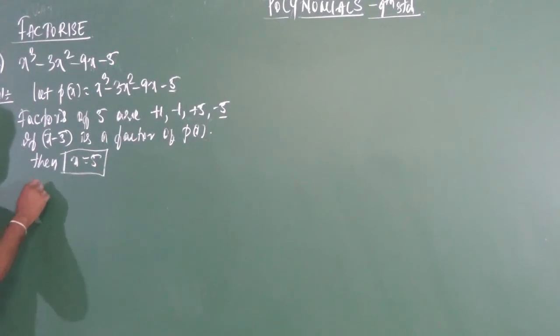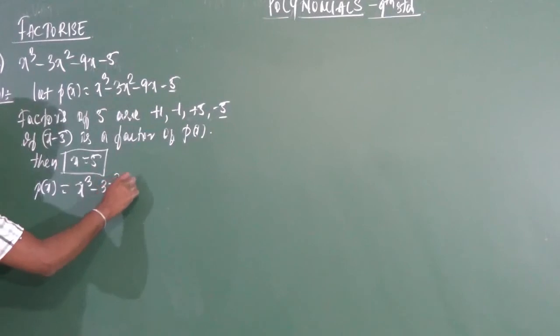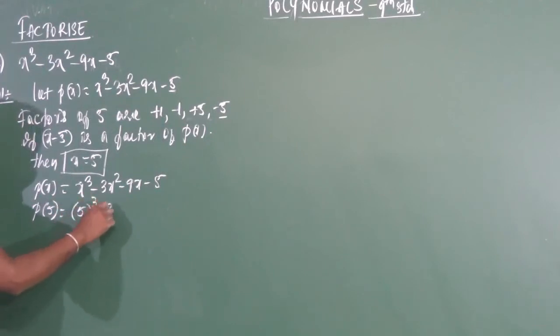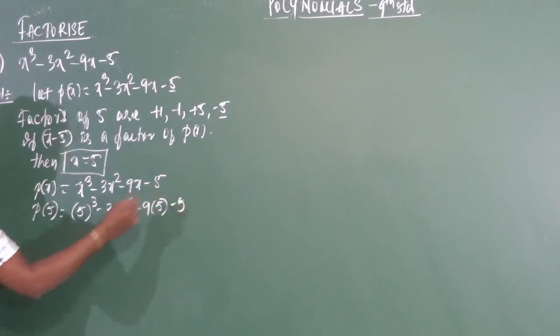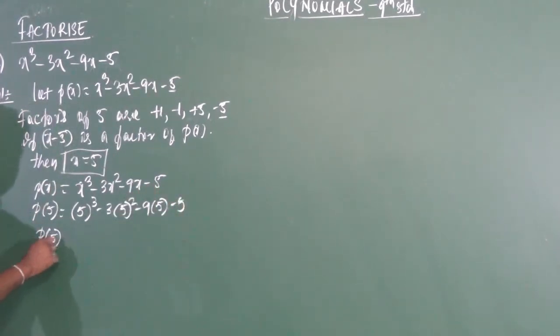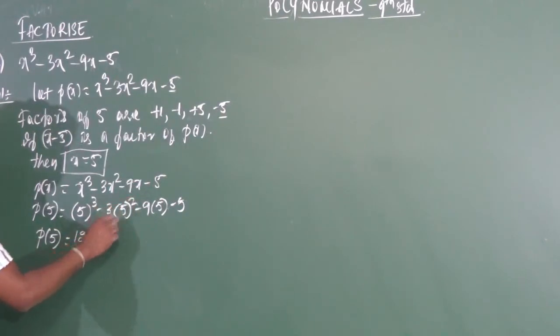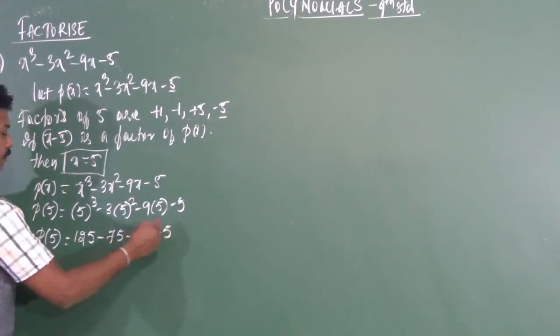So p of x is equal to x cube minus 3x square minus 9x minus 5. So p of 5 is equal to 5 whole cube minus 3 into 5 square minus 9 into 5 minus 5. So p of 5 is equal to 5 cube is 5 into 5 into 5, that is 125, minus 5 square is 25, 25 3s are 75, minus 9 5s are 45, minus 5.